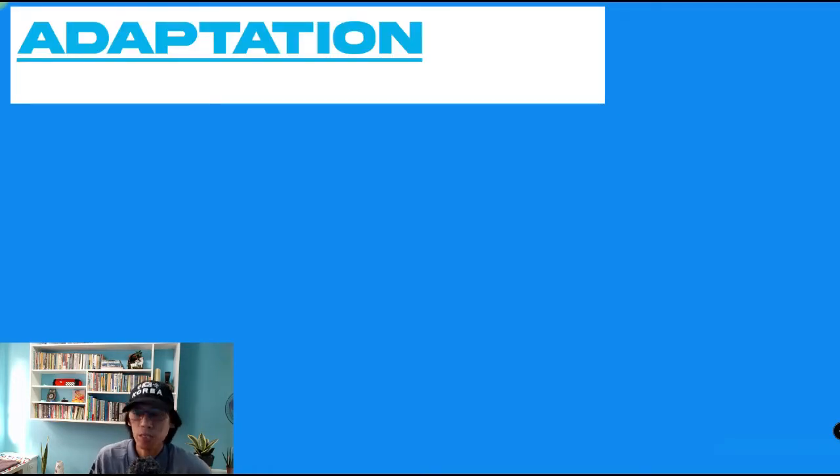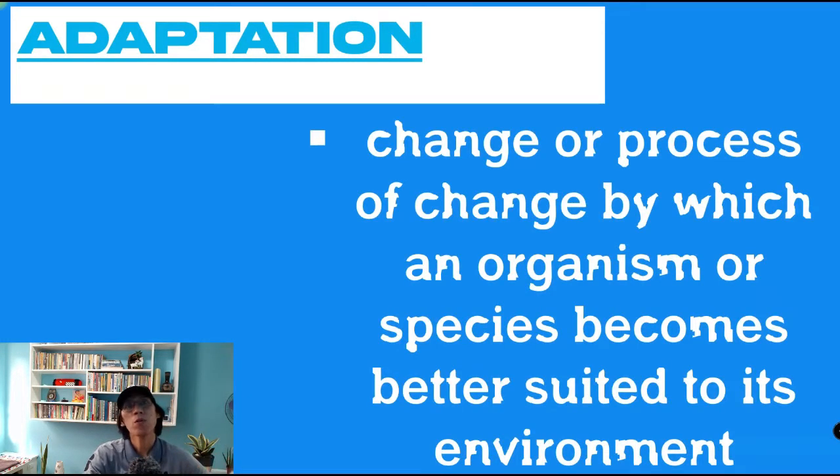What is adaptation? Adaptation has something to do with the change or the process of change by which an organism or species becomes better suited to its environment. Better suited means having all these traits or maybe body structures that would allow it to survive.